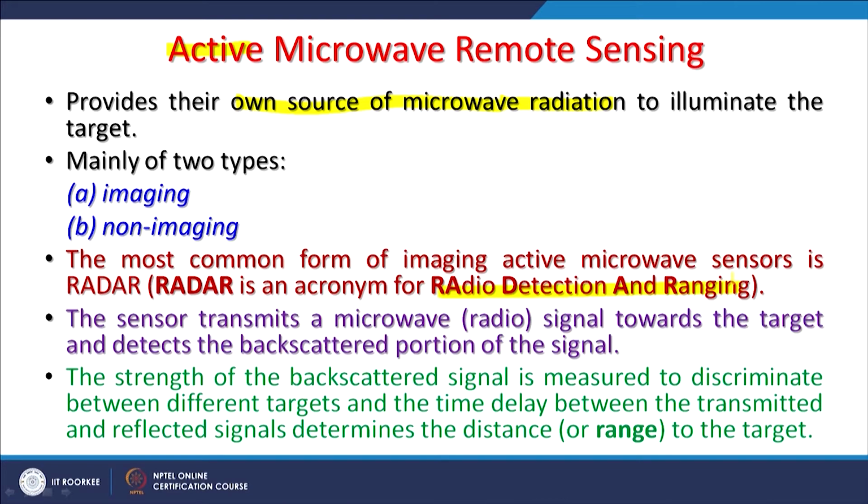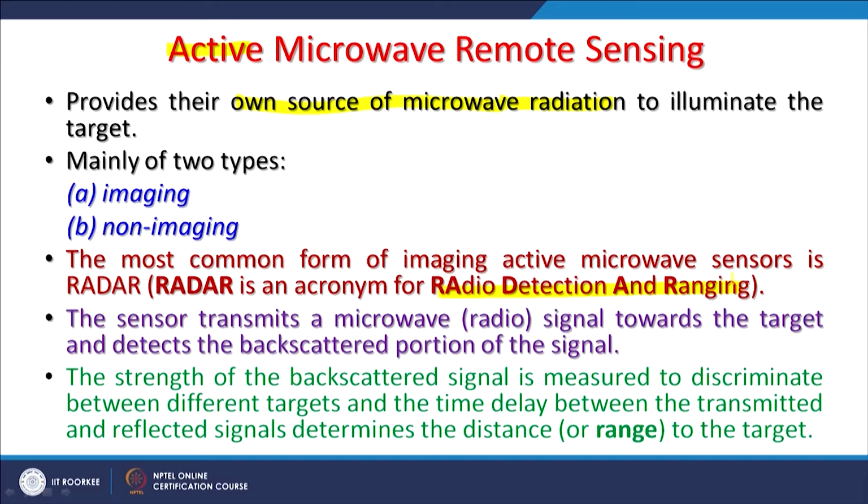The strength of the back scattered signal is measured, because you already have recordings of the original strength of the signal which has been sent towards the target, and then you get back the back scattered signal, and if there are changes, that can be assessed.